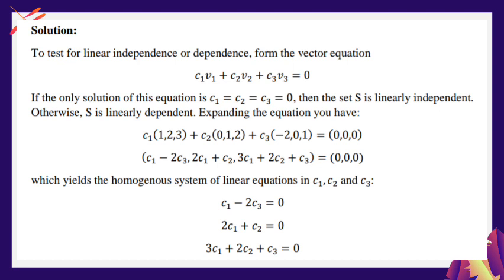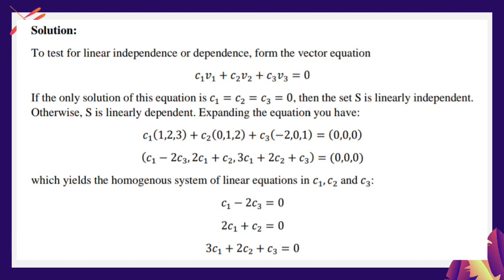So, distribute the vector addition. It yields (C sub 1 minus 2 C sub 3, 2 C sub 1 plus C sub 2, 3 C sub 1 plus 2 C sub 2 plus C sub 3) equal to (0, 0, 0). This yields the homogeneous system of linear equations in C sub 1, C sub 2, and C sub 3.